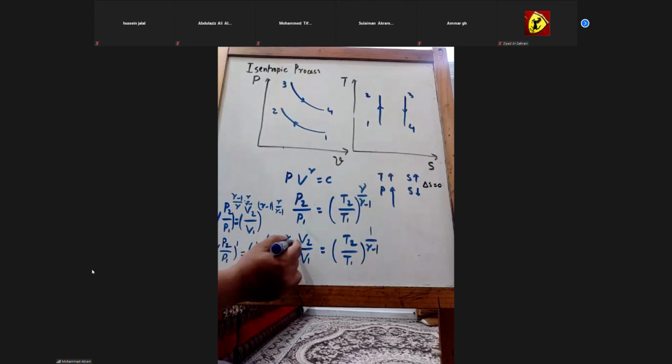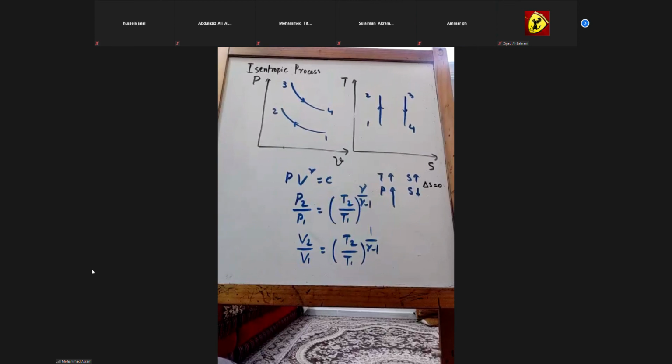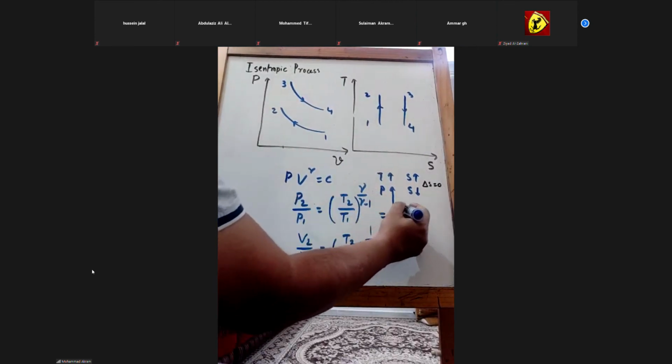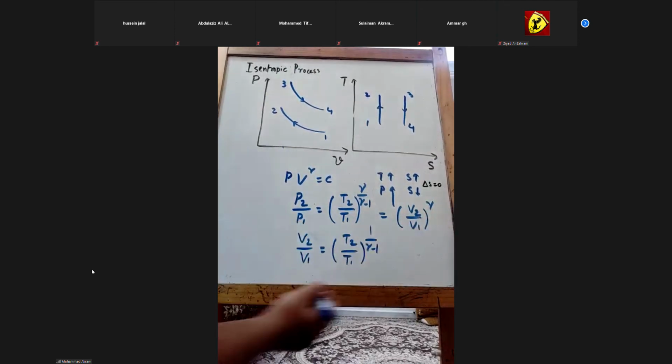Here gamma minus 1 will cancel. Only the power gamma will remain. So P2 by P1, you can work this out yourself. P2 by P1 is equal to V2 by V1 to the power gamma.